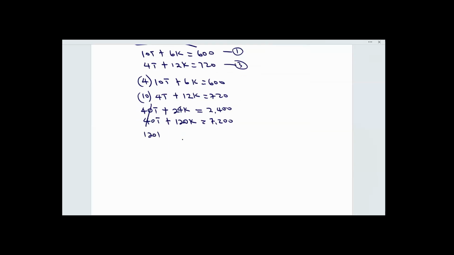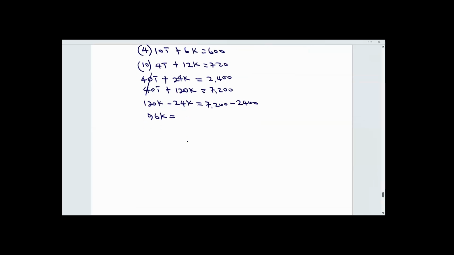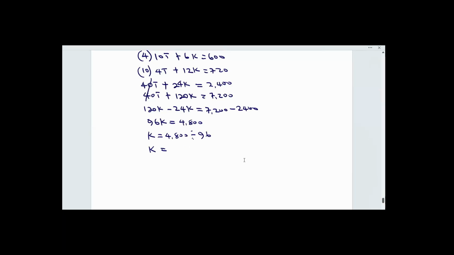Therefore, 120k minus 24k equal to 7,200 minus 2,400. So 120 minus 24 will give us 96k equal to 4,800. Therefore, K will be equal to 4,800 divided by 96. K is equal to 50.